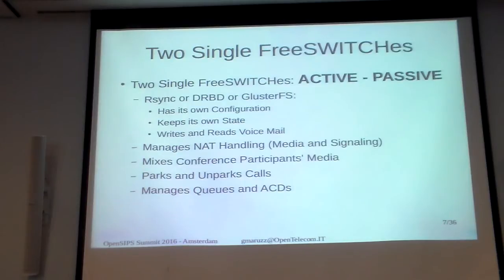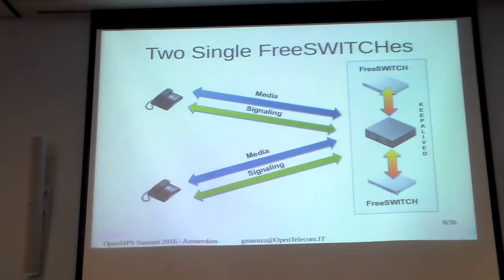So this is our first configuration. We have two machines, actually, one FreeSWITCH and the other FreeSWITCH. And Keepalived will move the virtual IP address from one to the other.